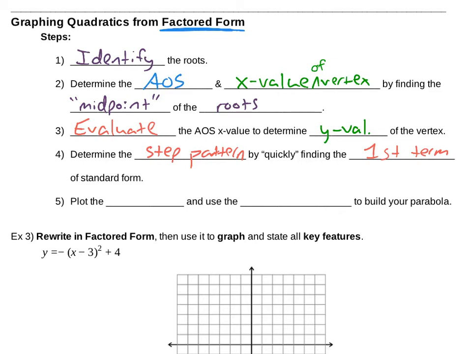Okay? All right, last thing, once you know the step pattern, once you have the vertex, you're going to plot the vertex. And then you're going to use the step pattern to move to the next point. Okay? Let's do these steps down below.